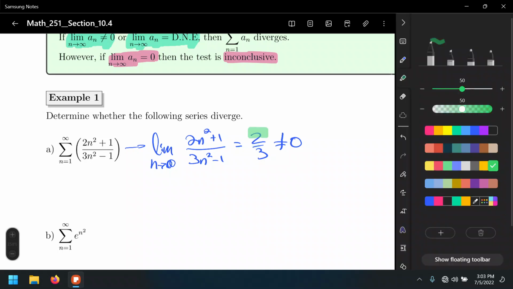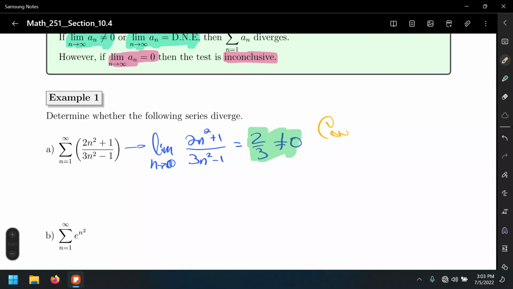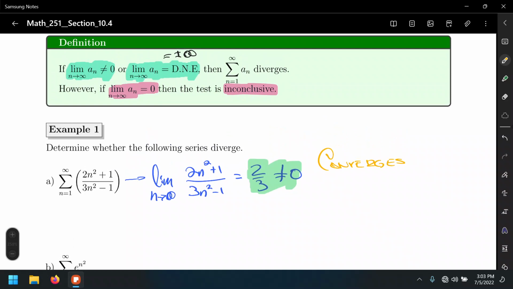Because this number is not equal to 0, this means that the series converges. No, it converges. Oh, yeah. Never mind. Diverges, yes.